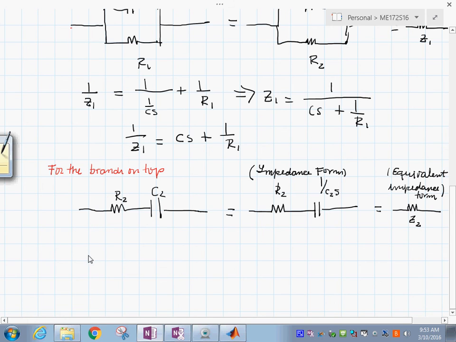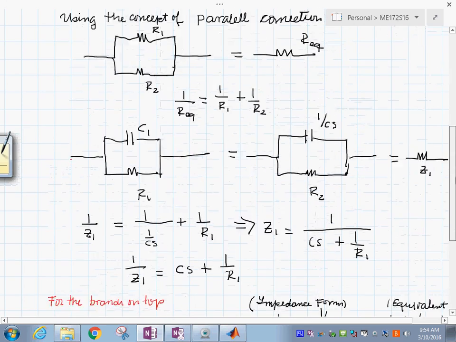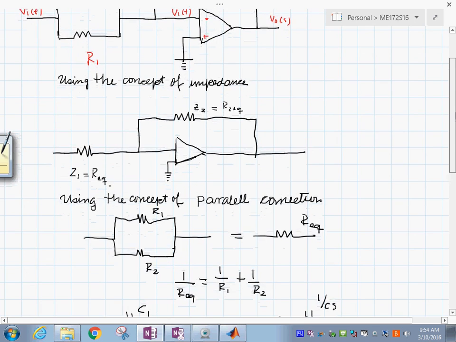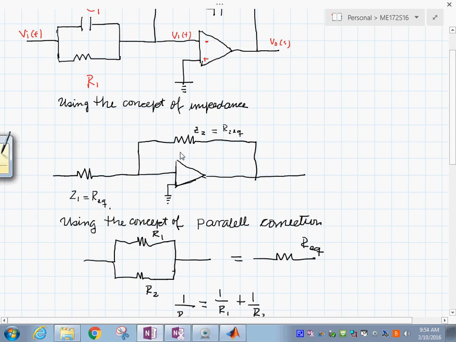So what we have in here is that we need to relate, we are at this point right here, like this. And we already saw that from the prior examples, remember the inverting operational amplifier, we already saw the result of that.